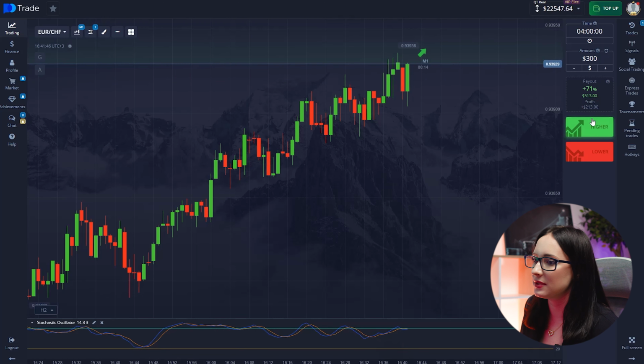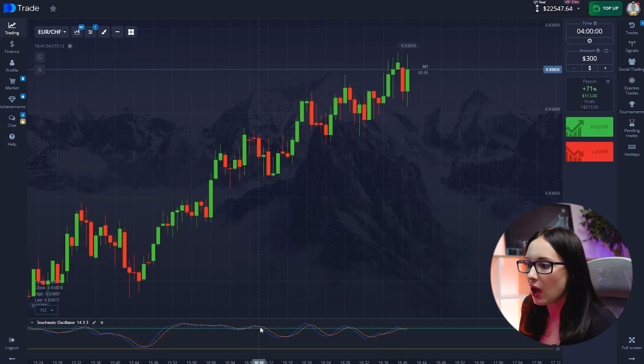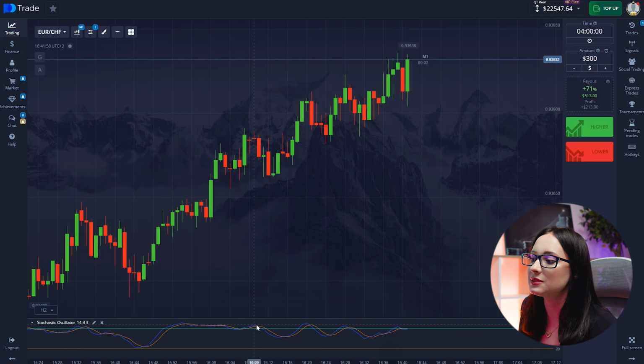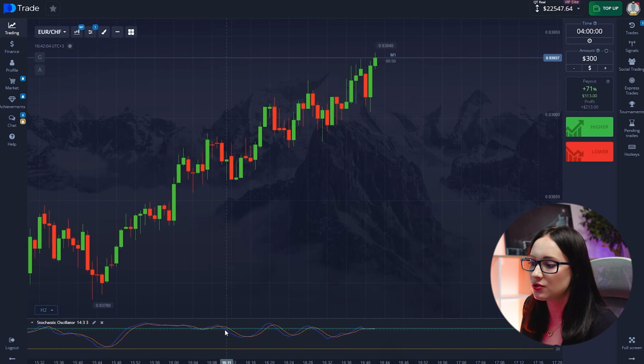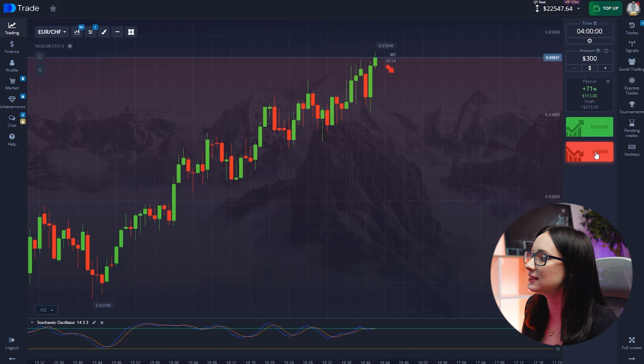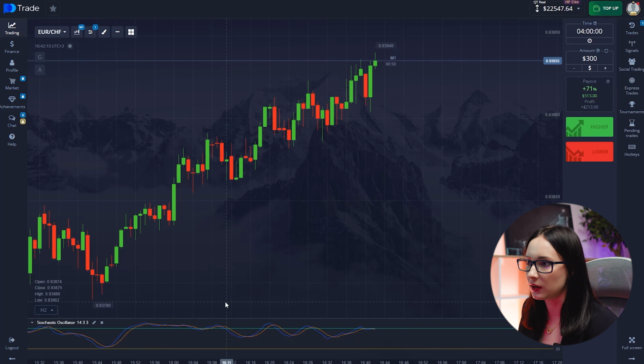Okay, opening a buy position. But if you see that your %K line, the blue line, crosses below the %D line in an overbought area, that signals you to open a sell position. So this is how the stochastic works.